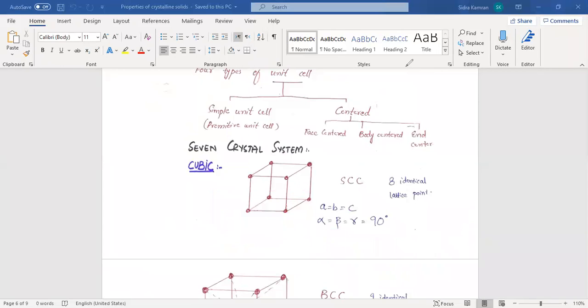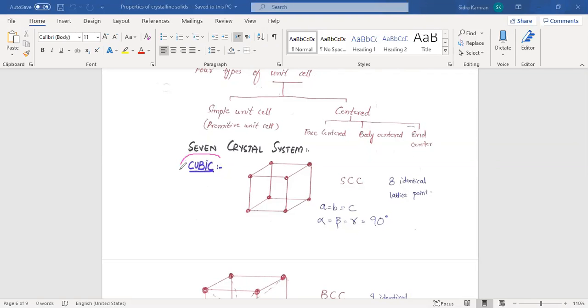A crystal system may be identified by the dimensions of its unit cell along its 3 edges. Axes are, as we know, A, B, C, and 3 angles between the axes alpha, beta, and gamma. So that 3-dimensional unit is basically the crystal system.